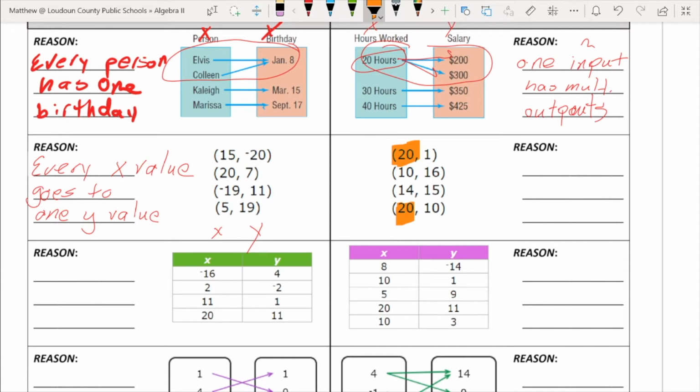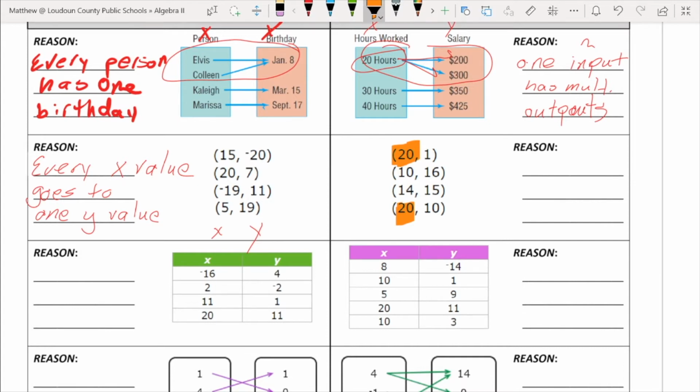Think of it like this: some of you like to play video games, right? If I push the X button on my controller and it did something different every time, that wouldn't be good. That's what this is. Think of it as pushing a button on your keyboard. What if I push the P button and P came out sometimes and L came out the other time? That would be weird. That doesn't work.